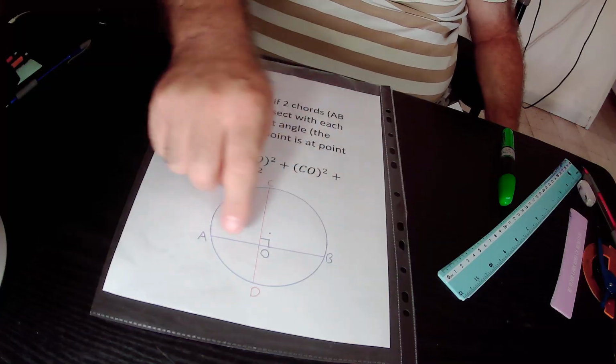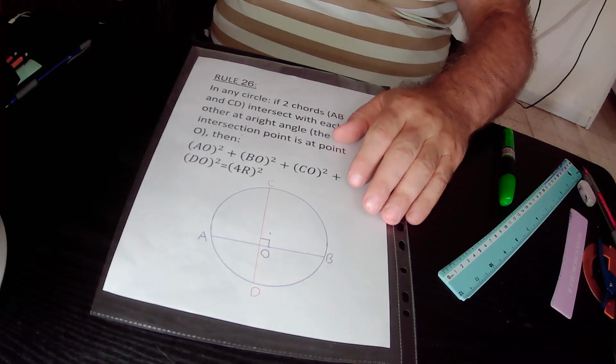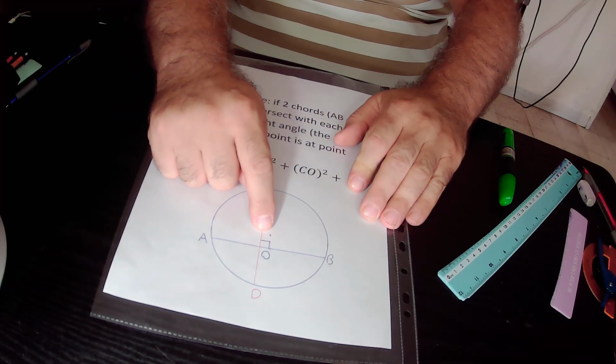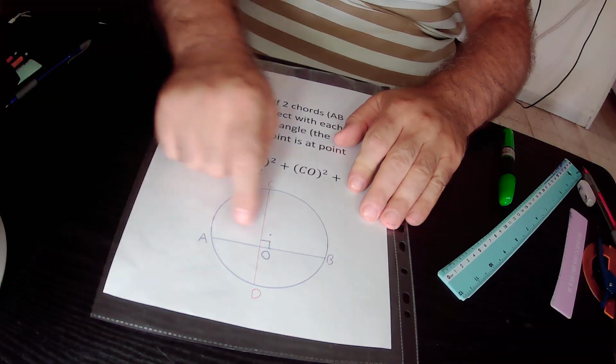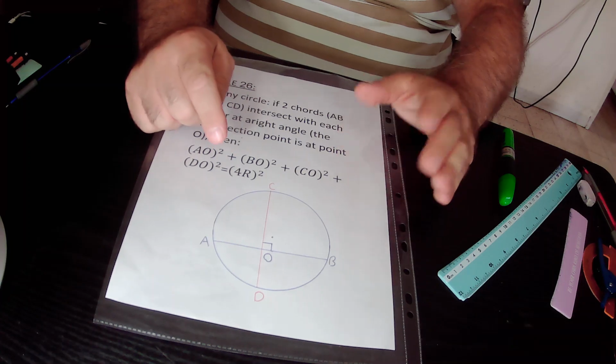So here we have a circle, and chord AB intersects with chord CD at a right angle, at 90 degrees.